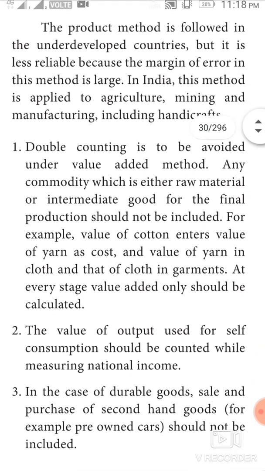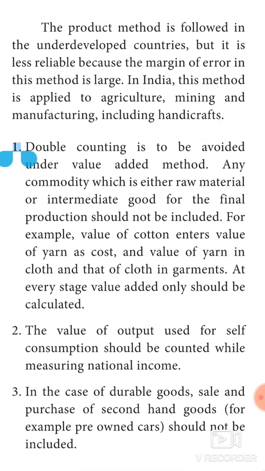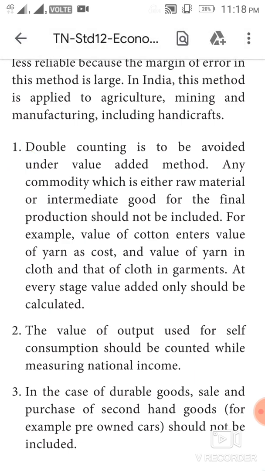First precautionary measure is double counting is to be avoided under value added method. Any commodity which is either raw material or intermediate good for the final production should not be included. For example, value of cotton enters value of yarn as cost and value of yarn in cloth and that of cloth in garments.